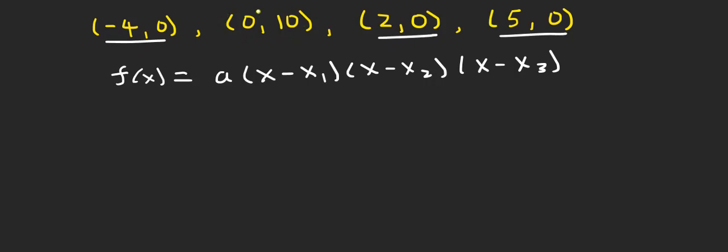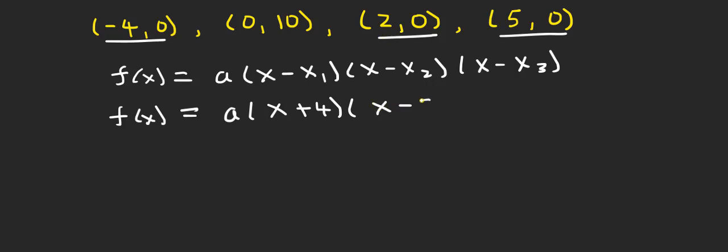This is our y-intercept because when x equals 0, y is 10. So let's plug in the given values. So a times, the first value is negative 4, so it's going to be x minus negative 4, which is x plus 4, and then x minus 2, and then x minus 5.